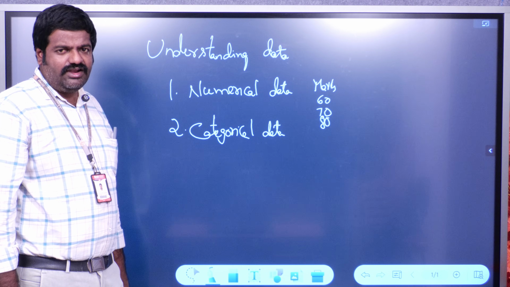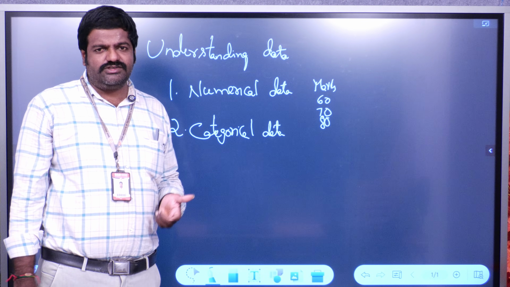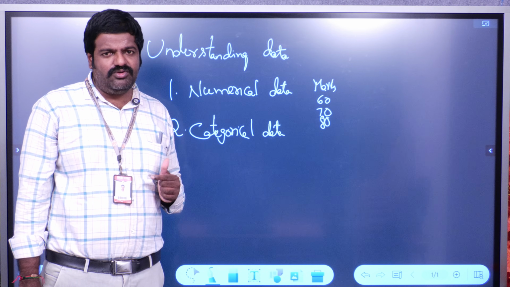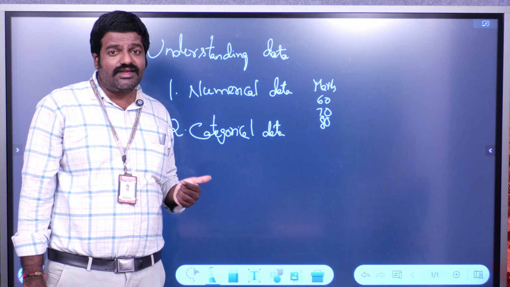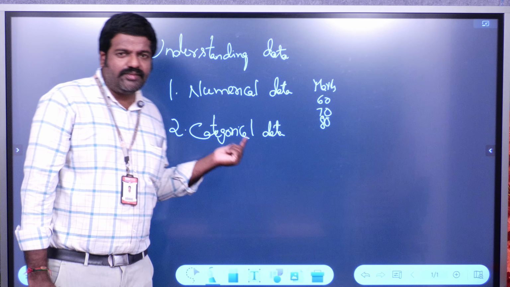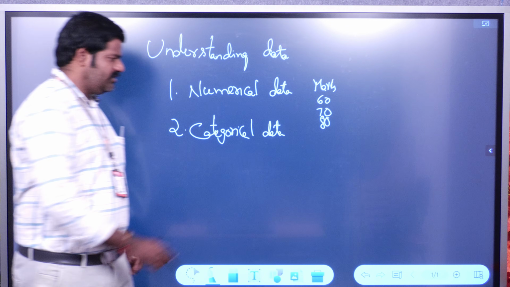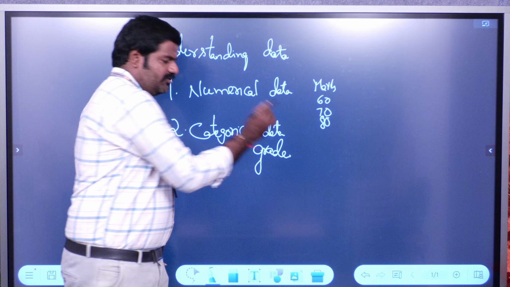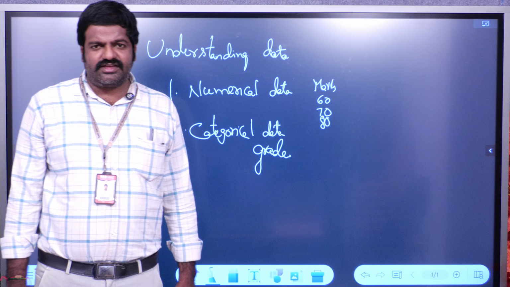Now coming to categorical data. We have a limited number of possible values. The attribute that has a limited number of possible values, those are called categories, and that comes under categorical data. For example, grade. If you consider the grade attribute, what are the possible values for the student grade?